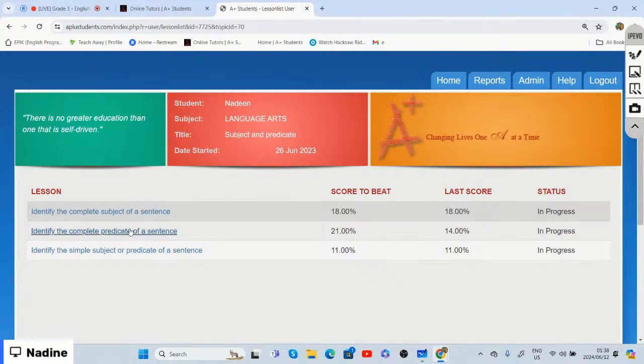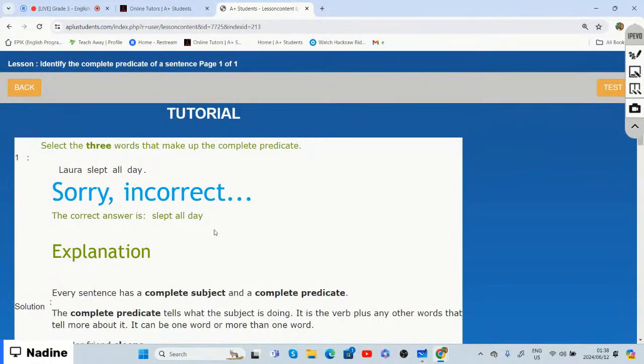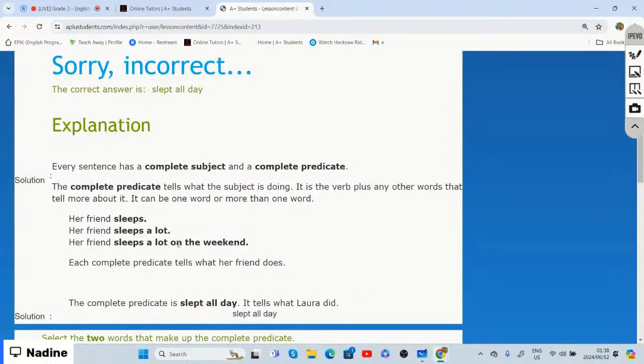And the subject, we said, tells us either someone or something that did something. So now we're going to identify the complete predicate. We said that the predicate tells us what the subject is doing. It is the verb plus any other words that tell us more about it.